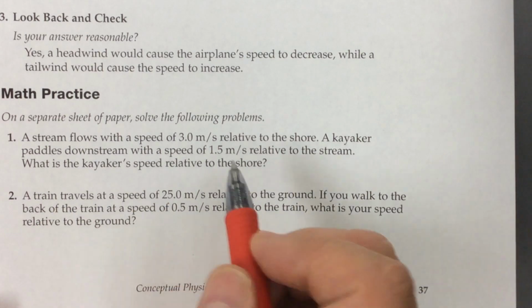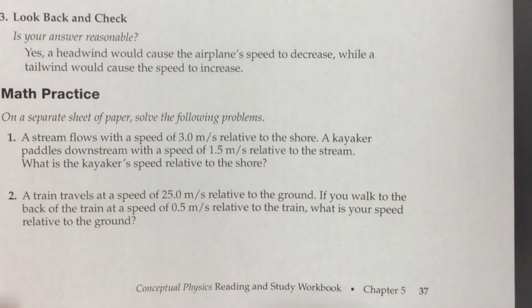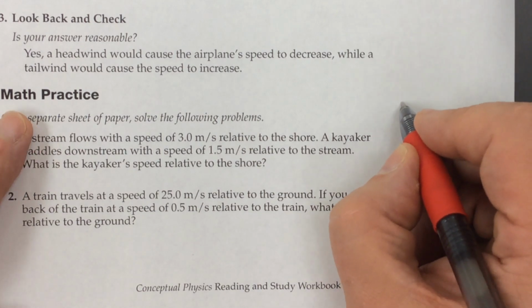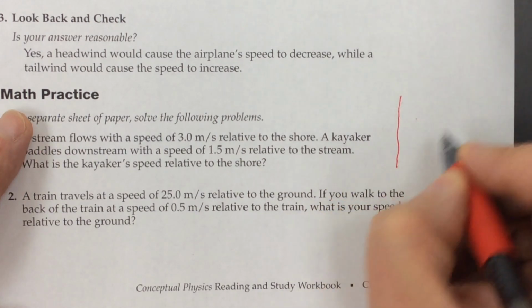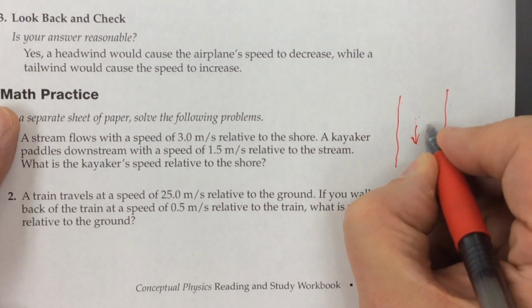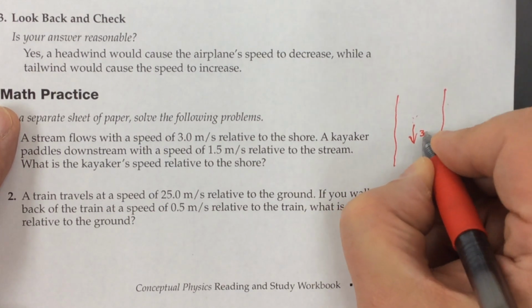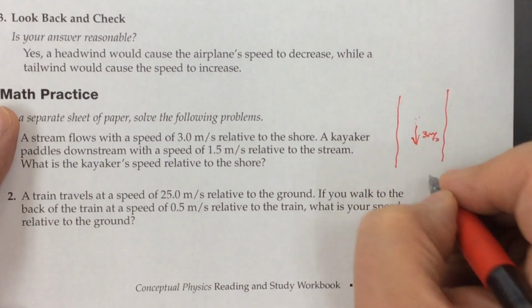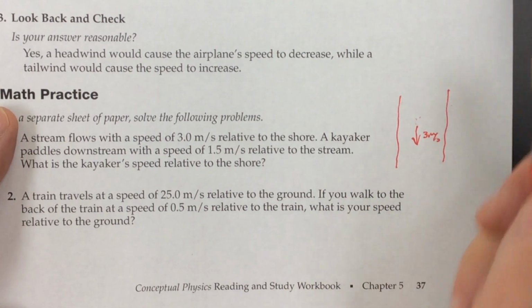A stream flows with a speed of 3 meters relative to the shore. All right, so I don't know, let's draw a picture. Okay, I've got a stream. Here's my stream, and it's going 3 meters per second. Let's just say down. Okay, here's me.